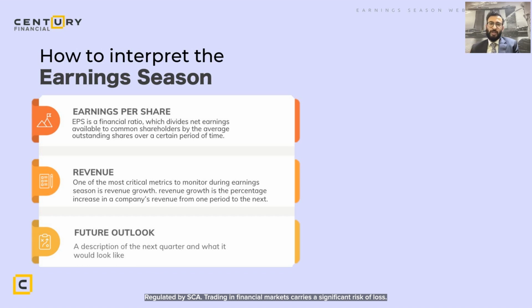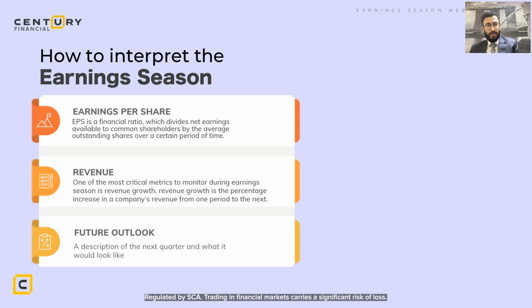But what you have to see is that the earning per share, which was expected by the analyst, did the actual earning per share exceed those analysts' expectations or not? If they did, most likely the stock must go higher. If they did not, most likely the stock might go down. This is one factor which you must see.